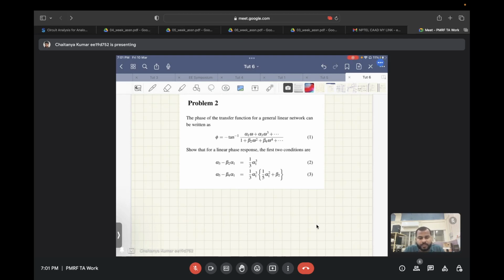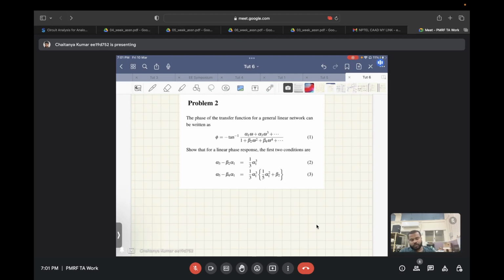So how you can proceed is that you can calculate the first derivative, and it will be based on some alphas and betas and omegas, right? You can write it in the form of 1 plus omega square plus omega to the power, and so on, till infinity.